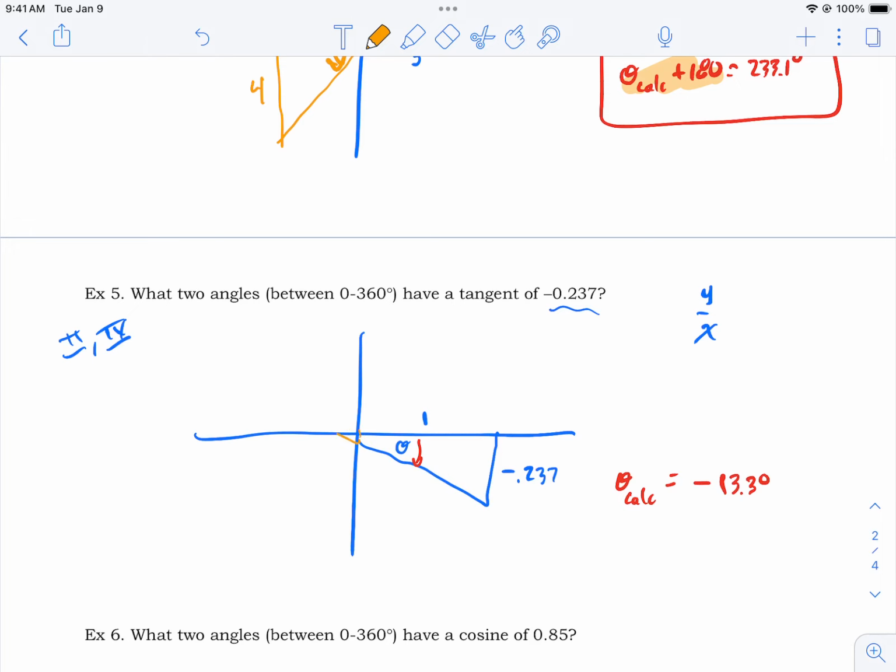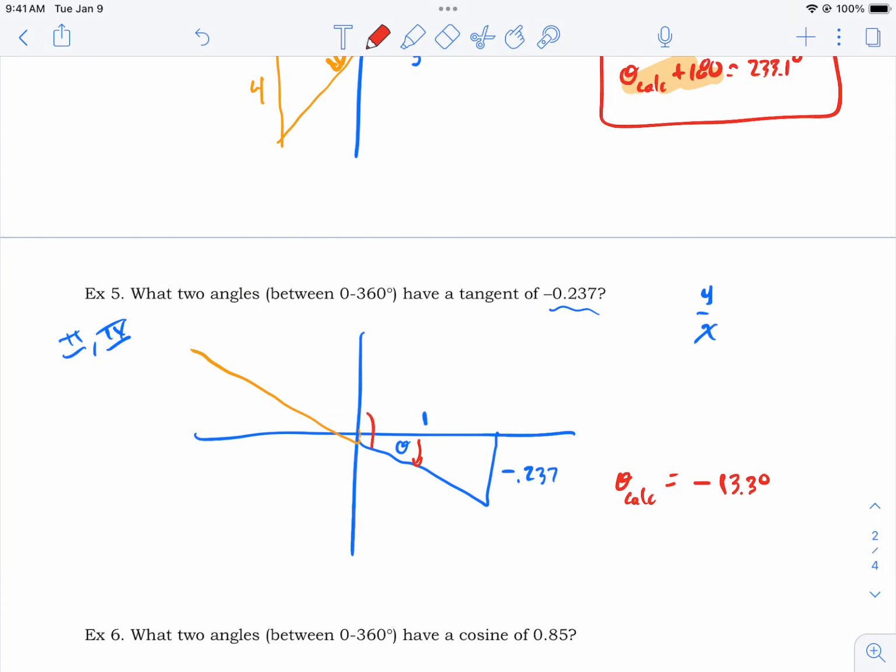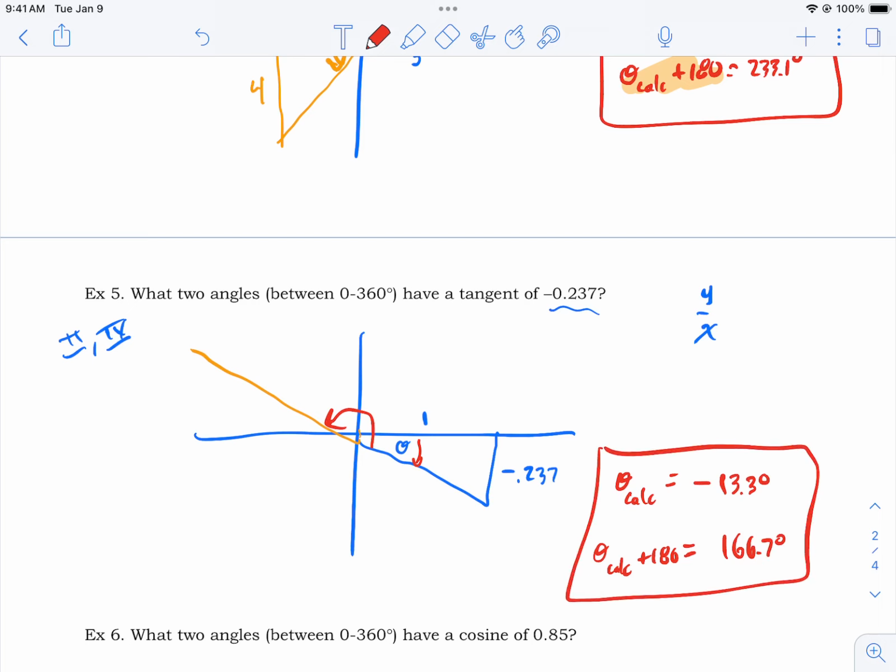So let me try to do that a little bit better. That's a little bit better. So you have to rotate or add 180 to it again, and that'll work. So theta calc plus 180 is negative 13.3 plus 180 is 166.7 degrees, which is the angle that you get.